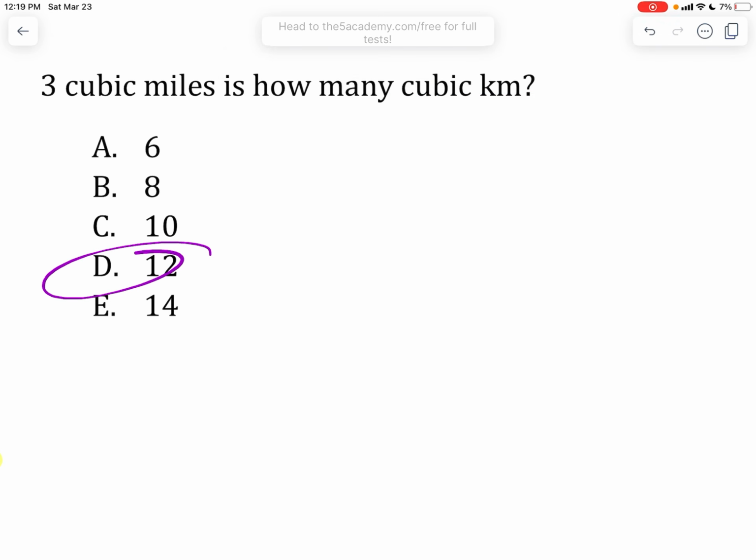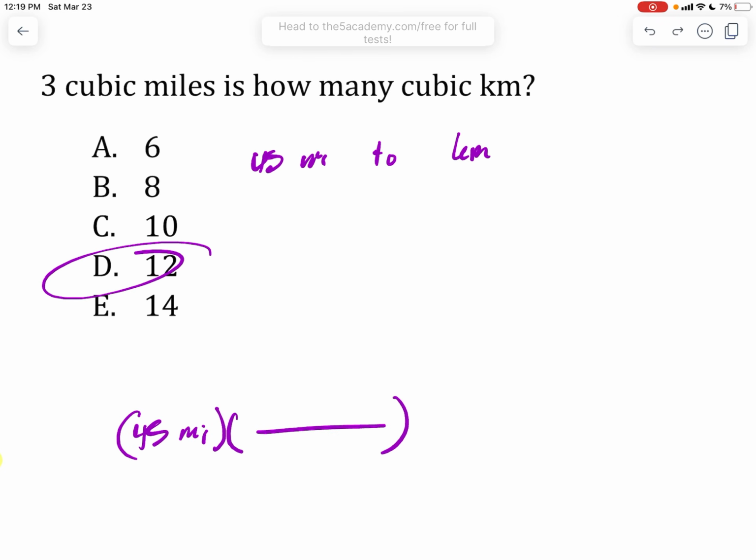So let's just say you wanted to convert 45 miles to kilometers. The way you do that is you'd say I have 45 miles. I'm going to multiply by some conversion factor, and that's going to give me some X number of kilometers. So we know that 1 mile is equal to 1.6 kilometers.